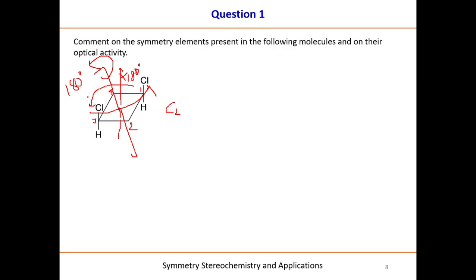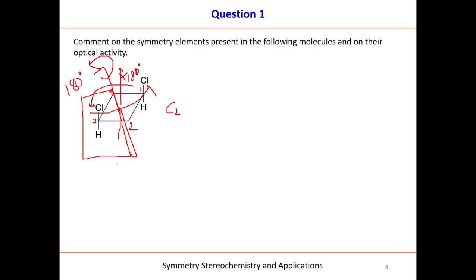Now we will check here whether a plane of symmetry is present or not. Because we have a C2 axis, we will pass the plane through here, correct? I'm passing the plane through here.